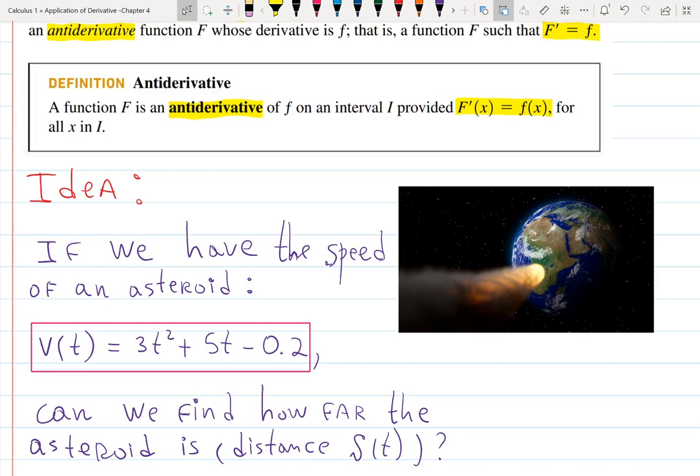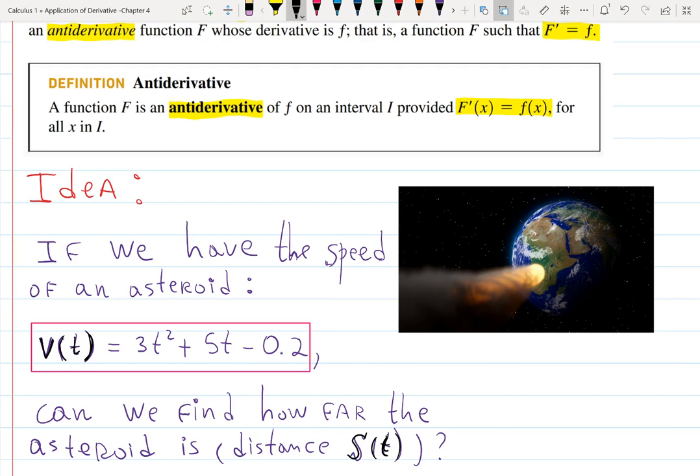To know how long it lasts for us to figure out who's gonna save us, Bruce Willis or any other heroes we have. So this is the idea when we need to find the distance s of t out of the given velocity, v of t, right? That's exactly what it means to undo differentiation.